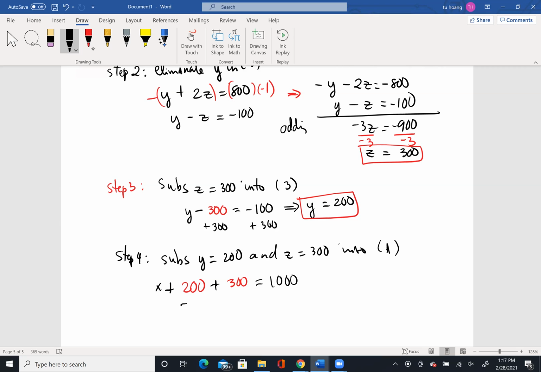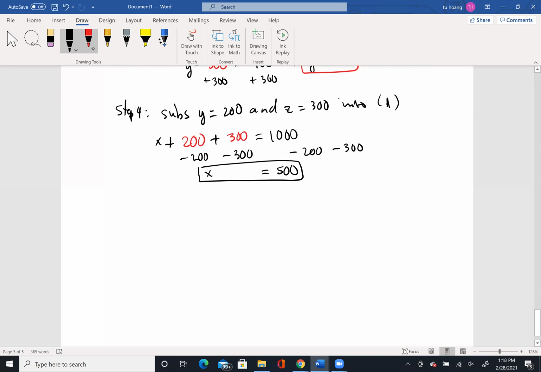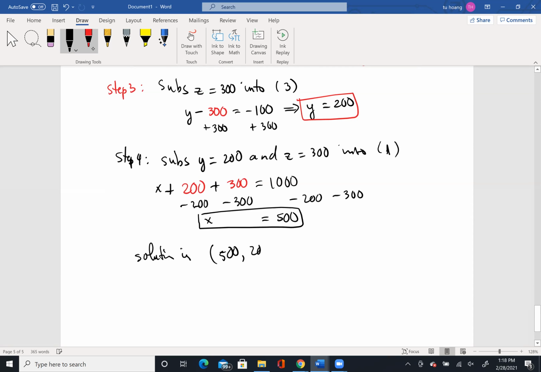And then you subtract 200 and 300 from both sides, and you will get x equal to 500. So from here you can say the solution is 500, comma, what's the y? 200, and z is 300. Okay.